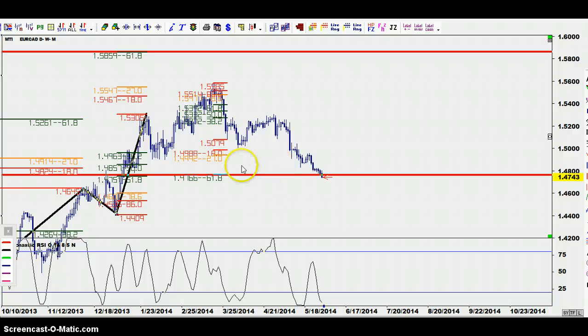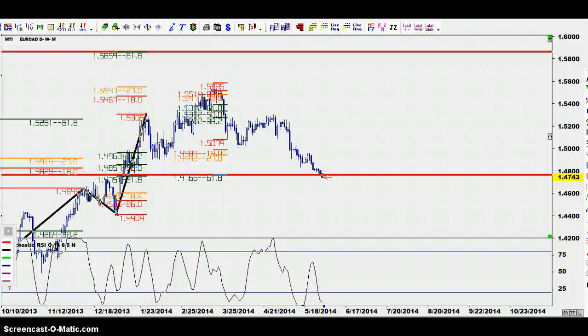So at some point we are expecting that trade to move back up in the opposite direction, even if it's a short-term retracement. We are expecting it to move back up at some point as soon as it makes a low for that D.